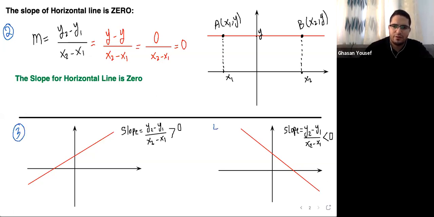And number 4: any line of this shape has a negative slope. We have 4 cases. Any question? Make sense? Okay.